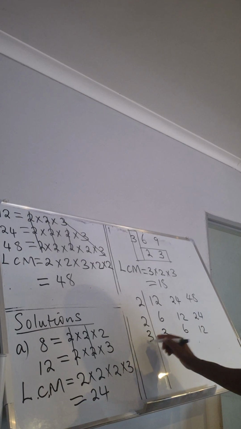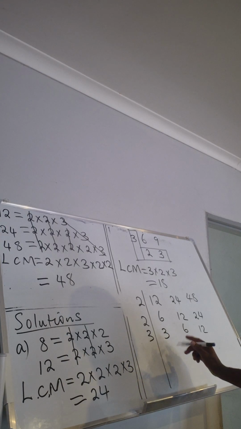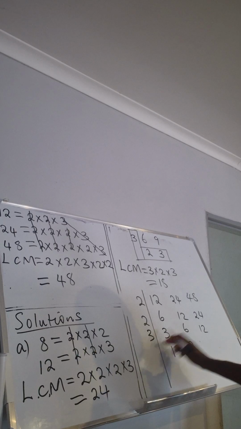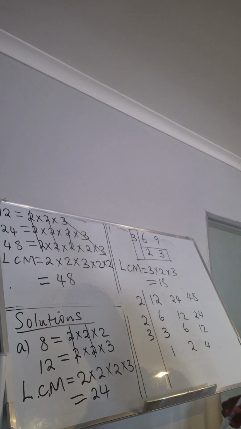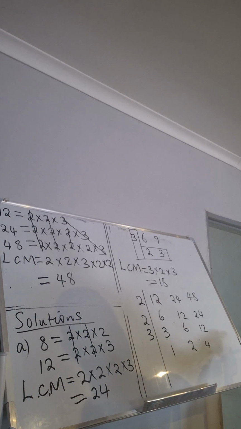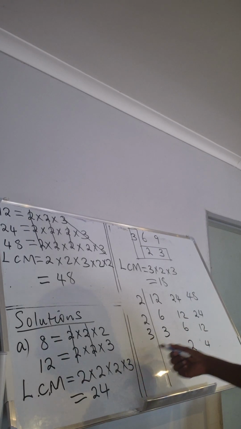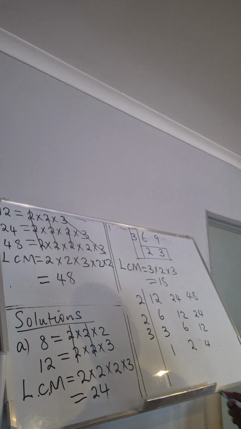You have a 3. 3 into 3, 1. 3 into 6 is a 2. 3 into 12 is a 4. Right. Now you no longer have, besides 1, we don't talk of 1, any other prime factor that divides the 3.